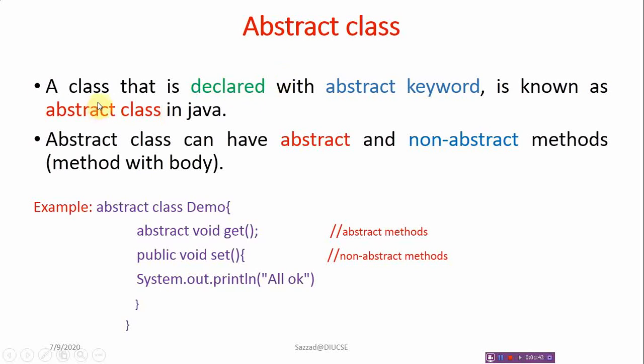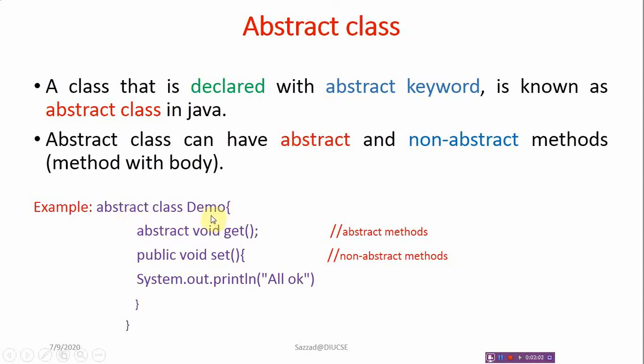A class that is declared with the abstract keyword is known as an abstract class in Java. So how do we know that a class is an abstract class? If a class is declared with the abstract keyword, then we know that this is an abstract class.